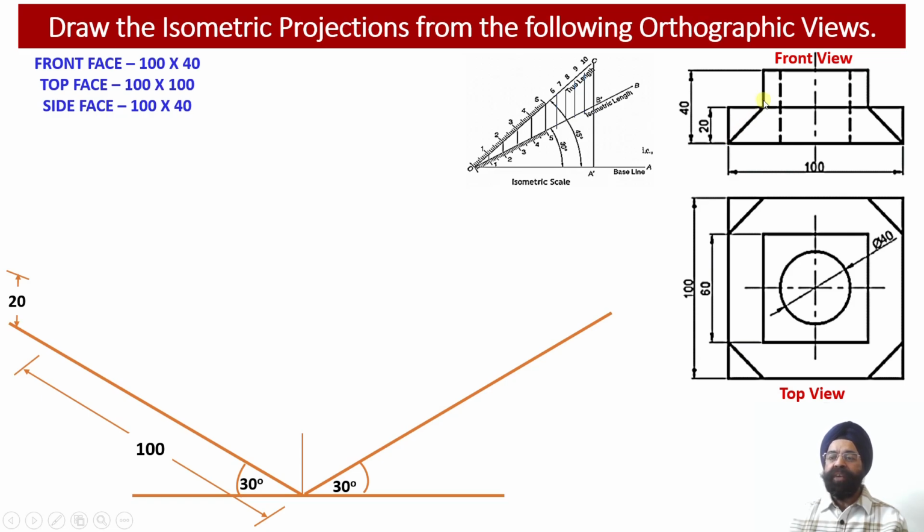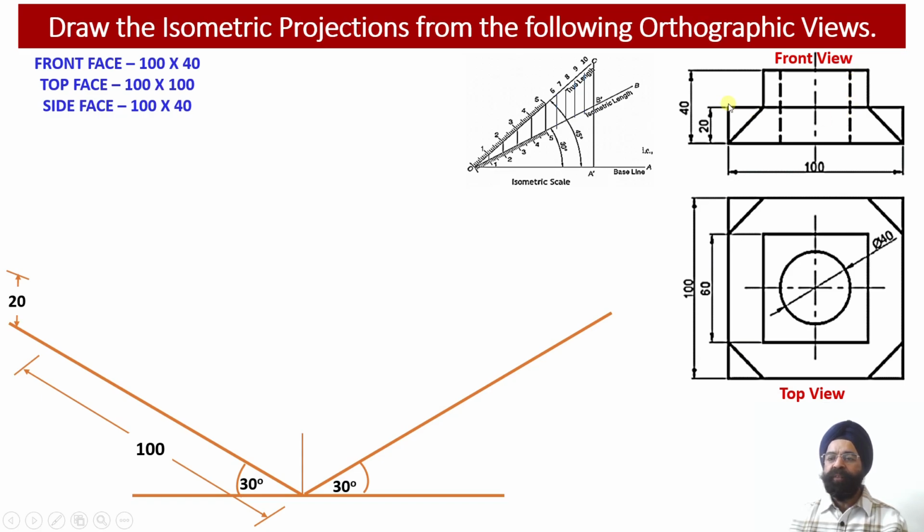So here we have got a bottom horizontal web in which the four corners are going to be inclined, and it is going to have a central circular hole over here. Similarly, there is a top surface web which is going to measure 60 millimeter square, and this is going to be a vertical square web over here. And again, in this top web we are going to have a circular hole having 40 millimeter.